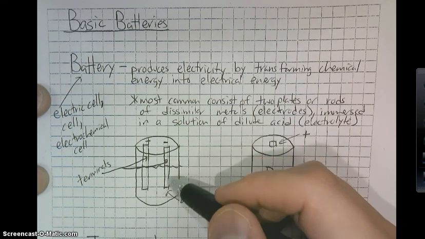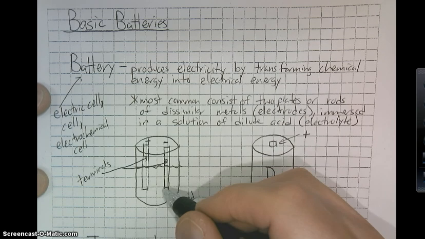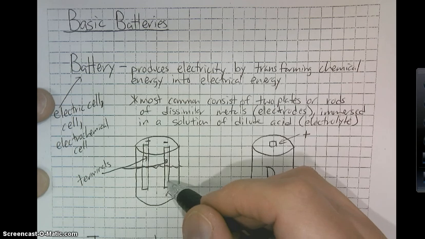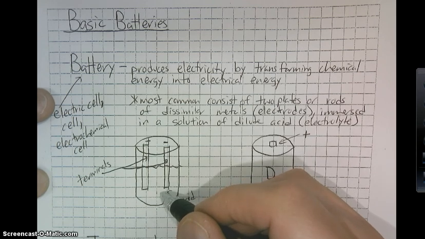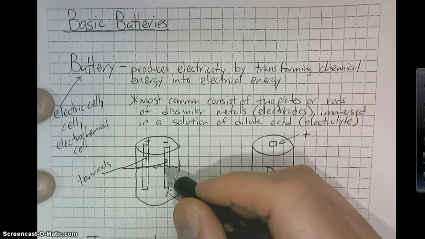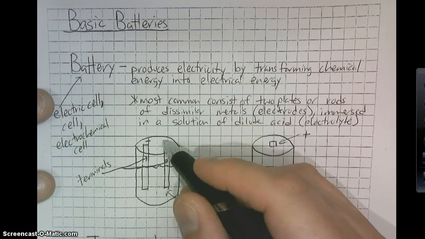But if I've got two different metals and I immerse them in this acid, you might get one of those things where the acid dissolves some positive ions. Okay, so if all of a sudden you've got a bunch of positive ions in the acid, you strip the positive ions and leave behind electrons. So one of these terminals gets negative.